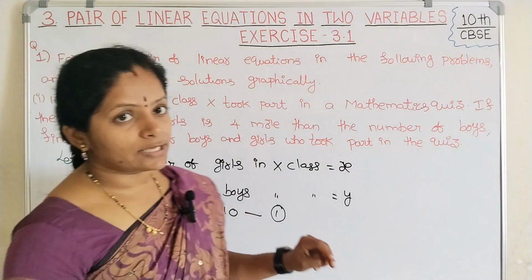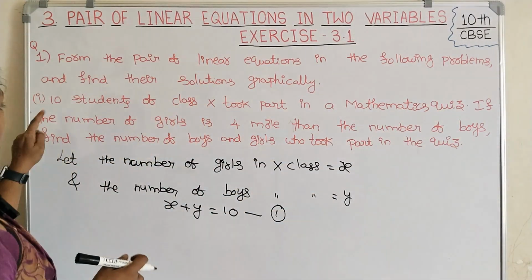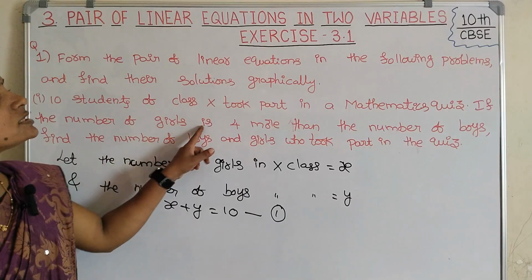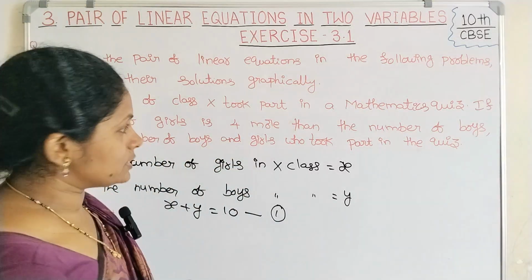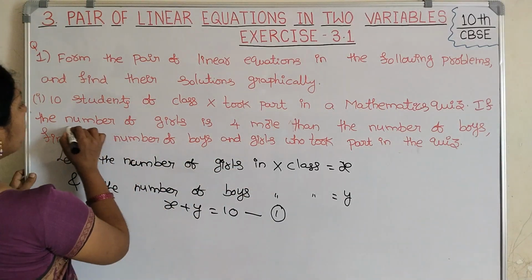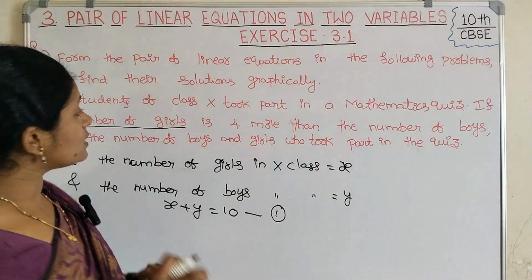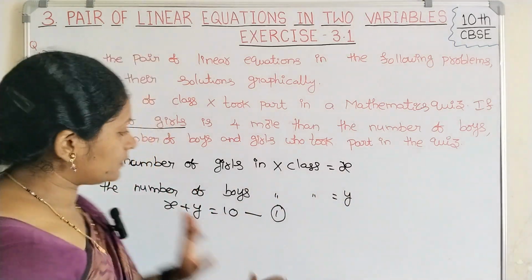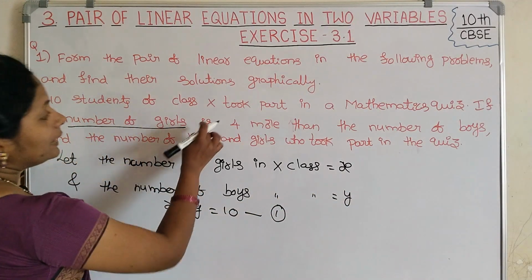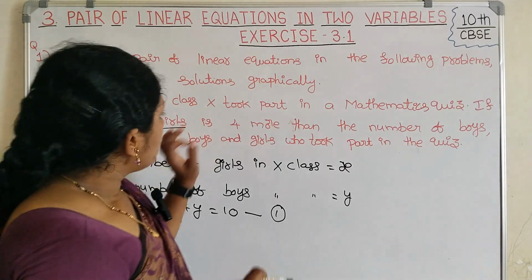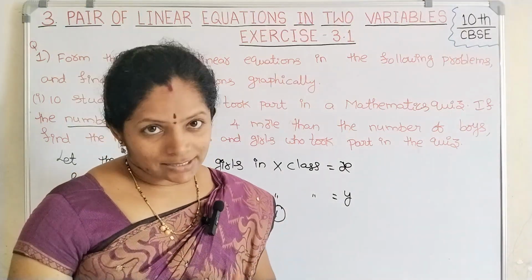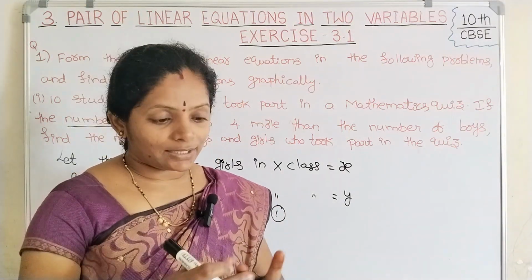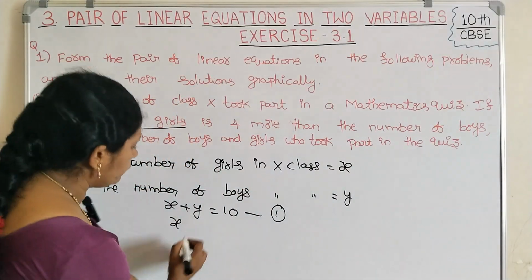Next, the second condition is that the number of girls is 4 more than the number of boys. We have denoted the number of girls as x. Wherever there is "is", we have to replace it with the equals sign.